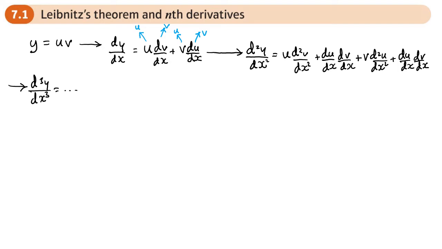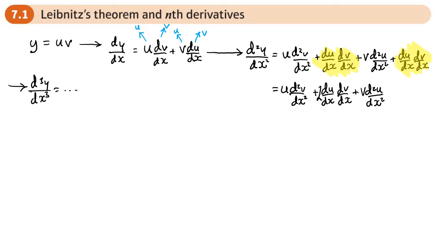But we know maths is all about trying to find patterns. If I just take this second derivative, I've got two terms which are the same, so these two terms can go together, so I've got two lots of du/dx times dv/dx, and then plus v d squared u over dx squared.